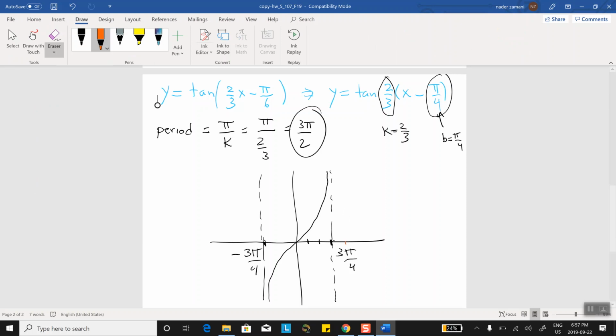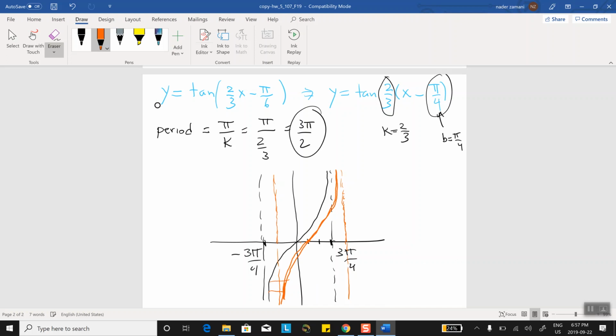So pi over 4, we shift it like that. Let's say this is pi over 4. And we shift this thing by pi over 4, like so. And this is going to go here. So let's see now. The curve goes like this. And that takes care of the problem.